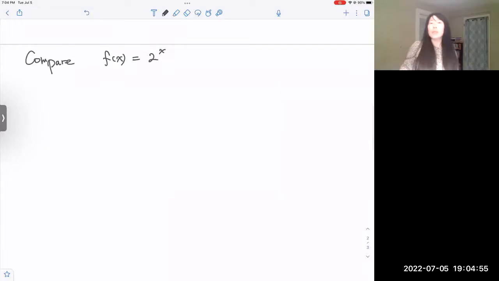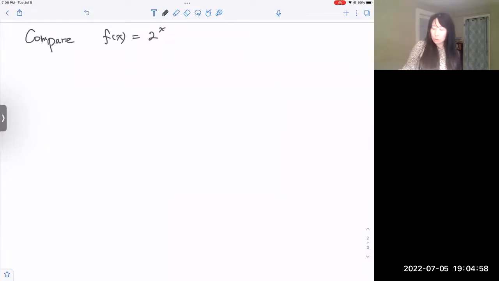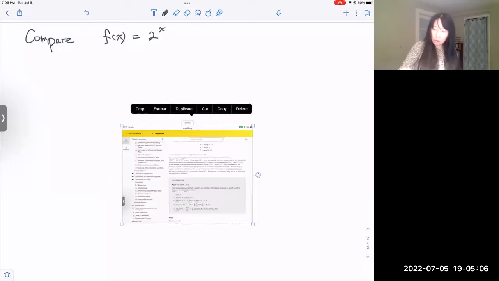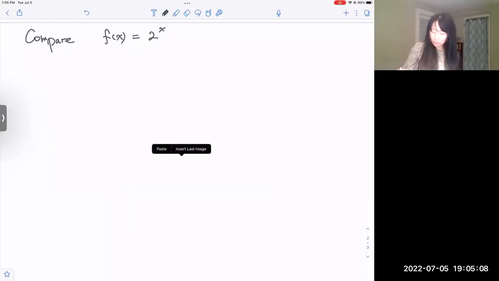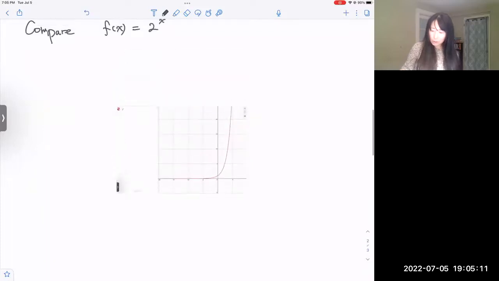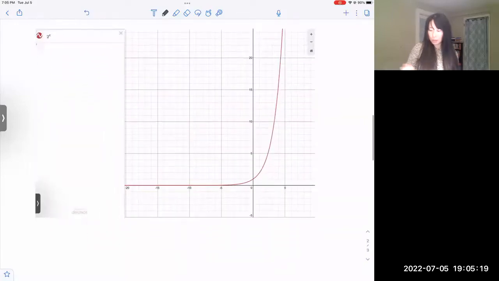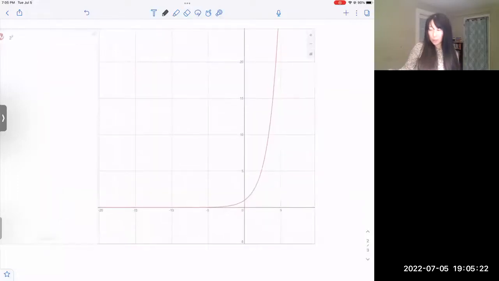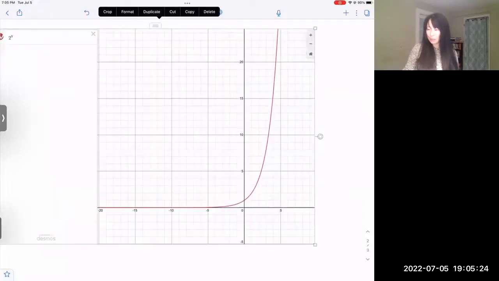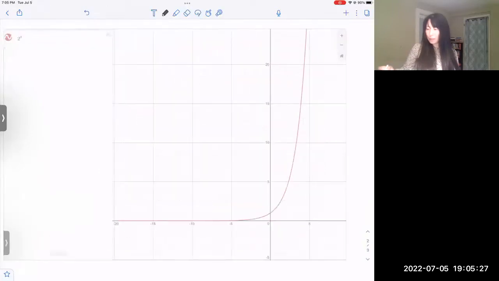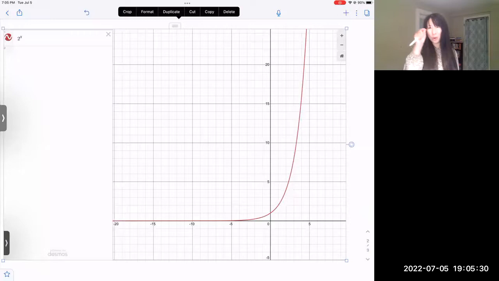So the domain for this one is the real numbers, right? The exponential function, right? And then for the sequence, the domain is positive integers. Can you see that? That's why they must have ordered pairs everywhere here, right?